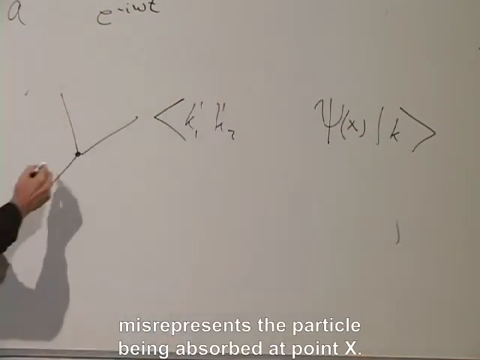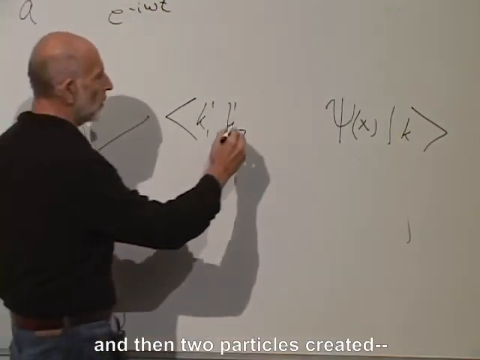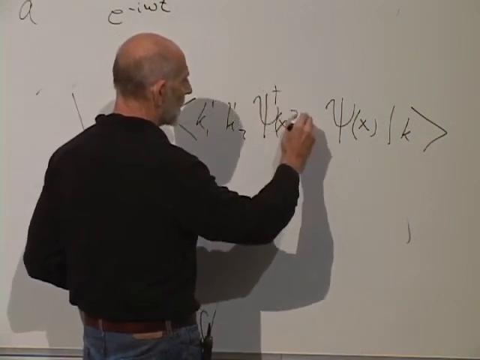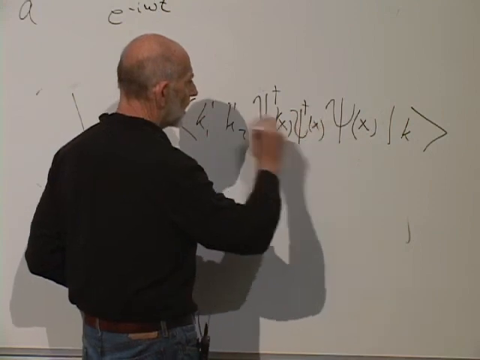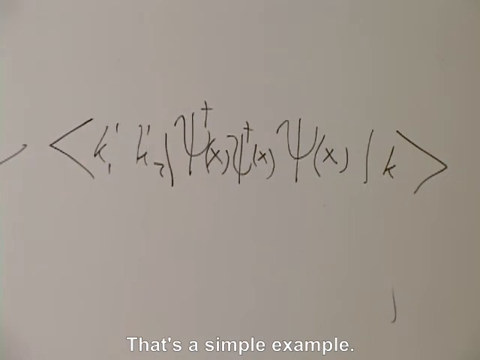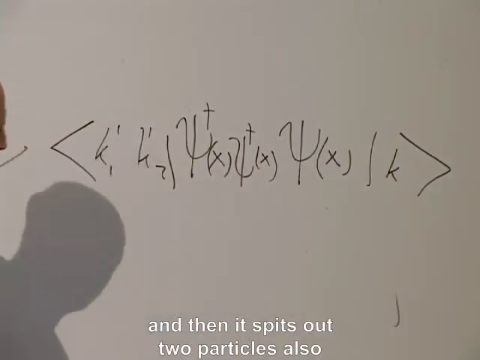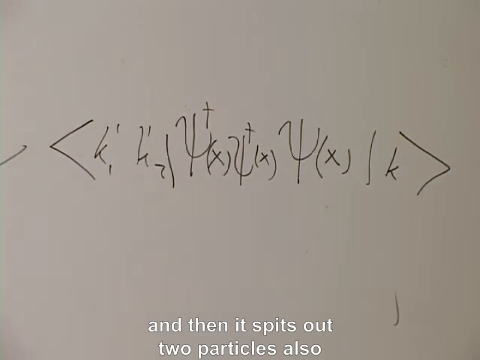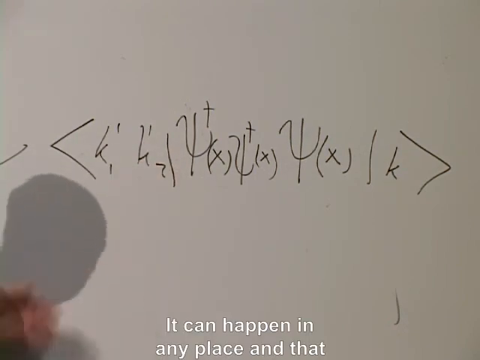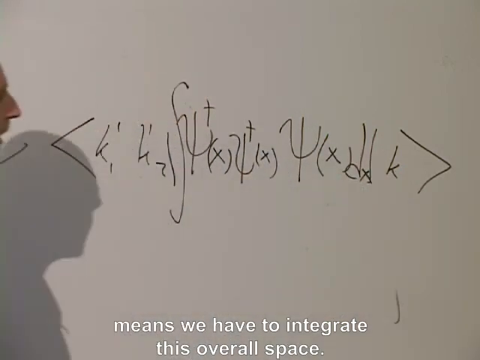This represents the particle being absorbed at point x, and then two particles created also at point x. That's a simple example. One particle is eaten at point x, and then it spits out two particles also at the same point for simplicity. All right? But it can happen at any place, and that means we have to integrate this over all space. Let's see what we get.